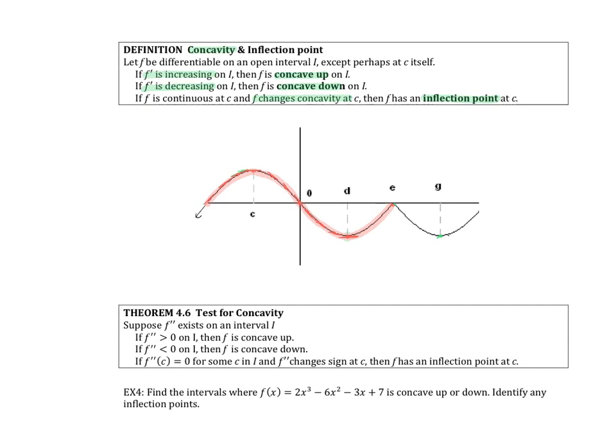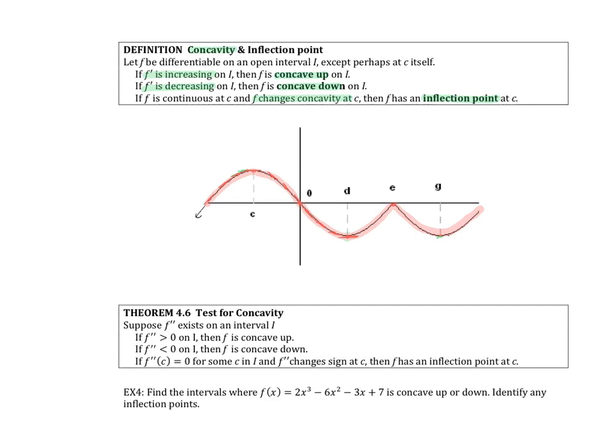Now notice at E, this is a critical point. This is where the derivative is undefined. But notice that the concavity did not change. It's still concave up.